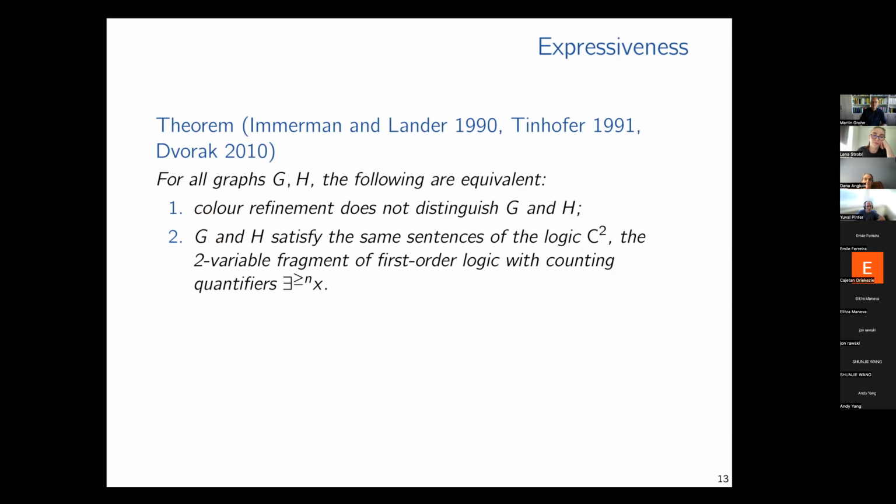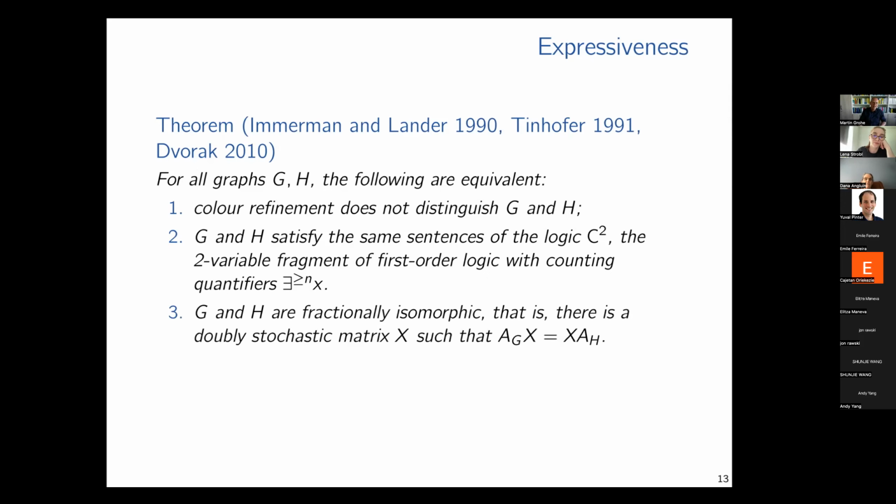Okay. So they are equivalent in this logic, and that's a logic that has received a lot of attention in descriptive complexity and finite model theory. Then the next is an algebraic characterization. Basically, the graphs are fractionally isomorphic. That means there is a doubly stochastic matrix satisfying this equality. Now, if we would replace doubly stochastic by permutation matrix, this would mean the two graphs are isomorphic.